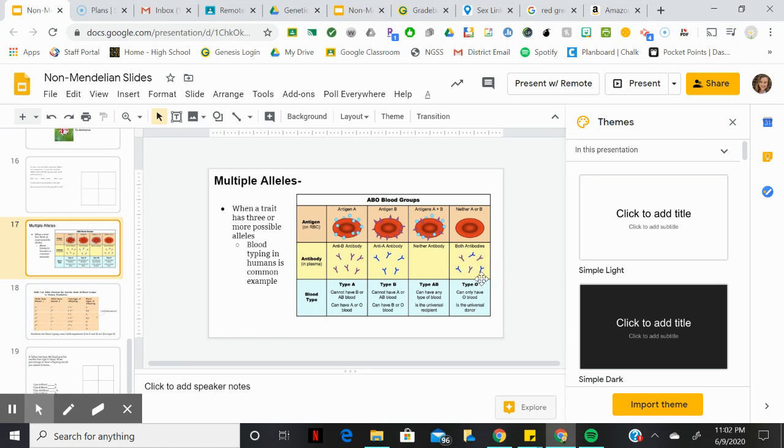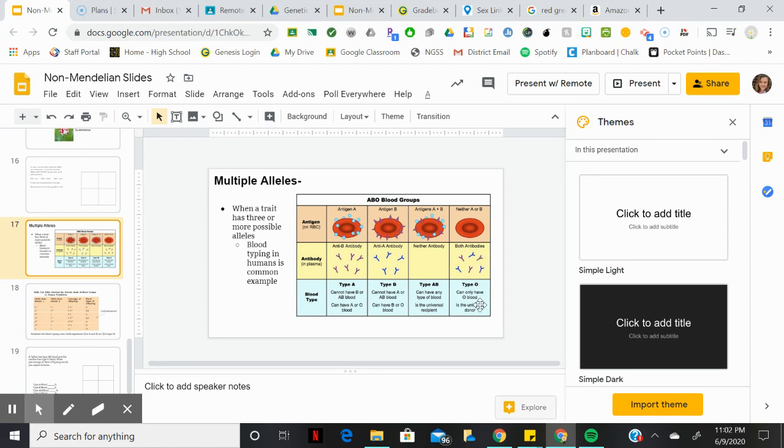You have all of the antibodies. So if any of these enter your bloodstream from a foreign invader, your body is designed to attack it. So that is why it's evolutionarily advantageous, right? You have the best protection system. If any of these cells get into your bloodstream, they are going to be attacked. You have no antigens, all the antibodies.